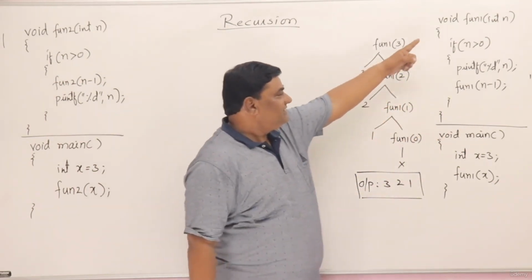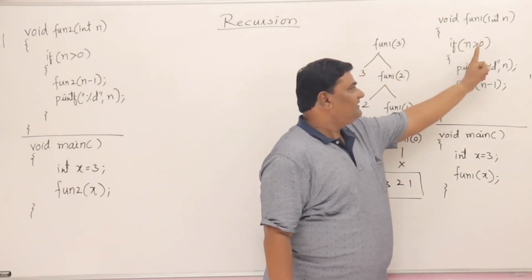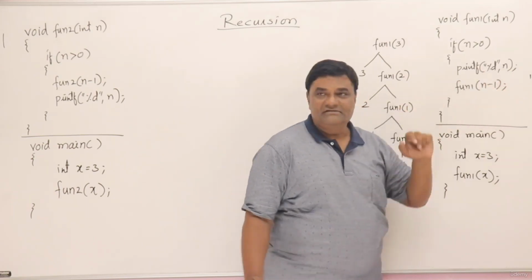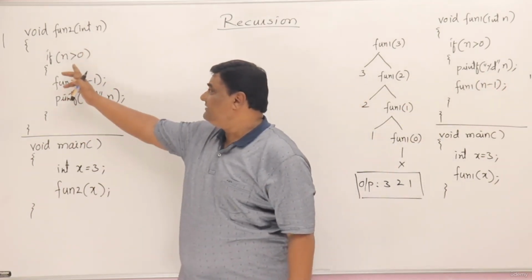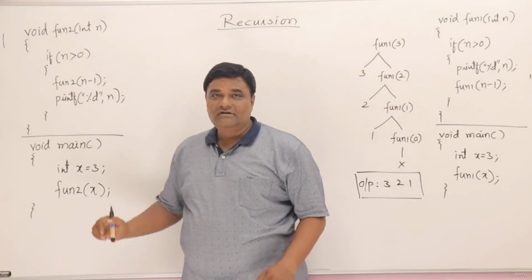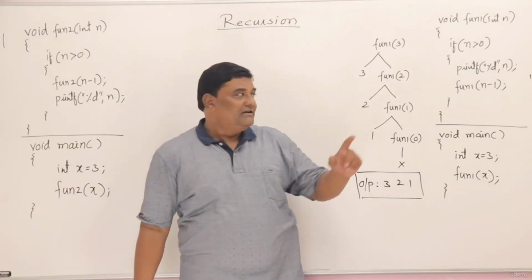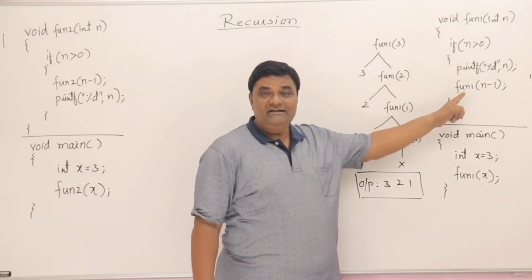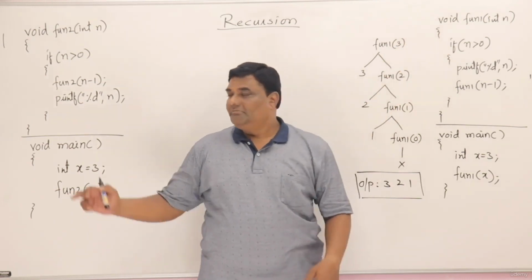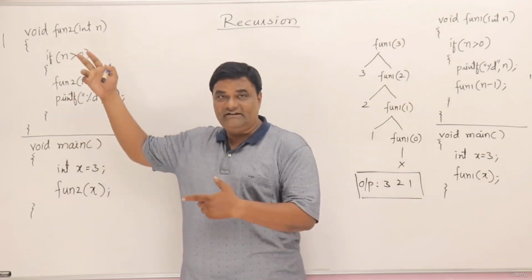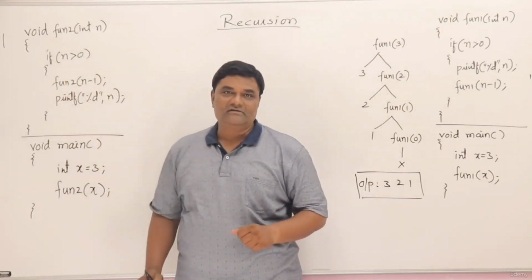Inside fun1, it is taking parameter n and n greater than 0, two things are done. Here also, taking parameter n greater than 0, two things are done. But the difference is, here it is printing and then calling itself. But here, first it is calling itself, then printing.